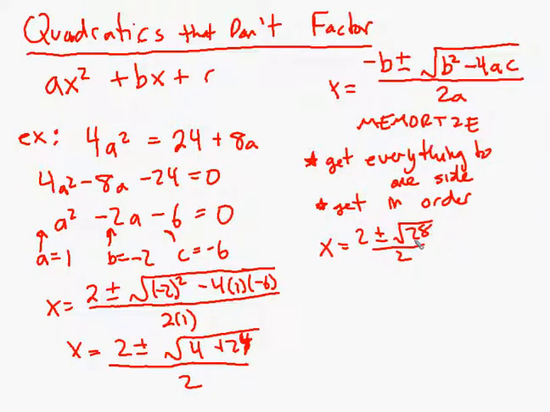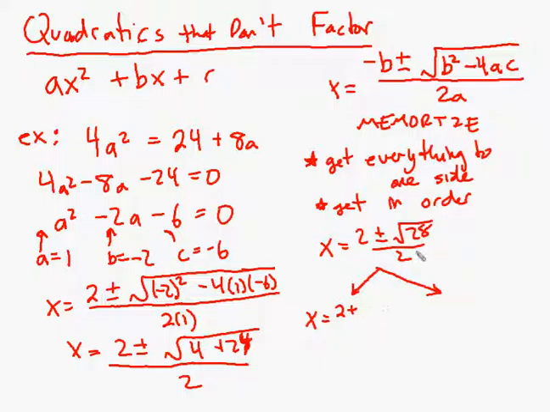And you guys said you like taking the square root at this step. That is certainly okay. I'm going to do it in pieces, just to save myself some space. This would be 2 plus, what's the square root of 28?